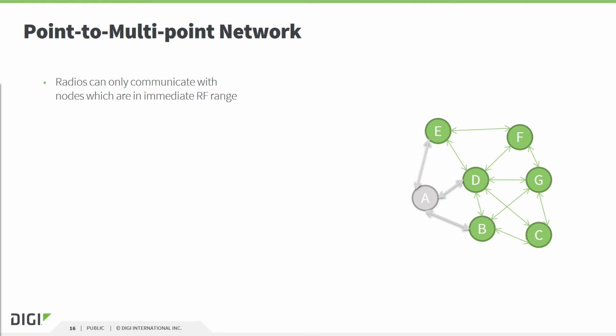If node A would like to talk with some of the nodes which are out of direct RF range, you need to implement the retransmission mechanisms by yourself, because 802.15.4 does not support any kind of routing or retransmission.